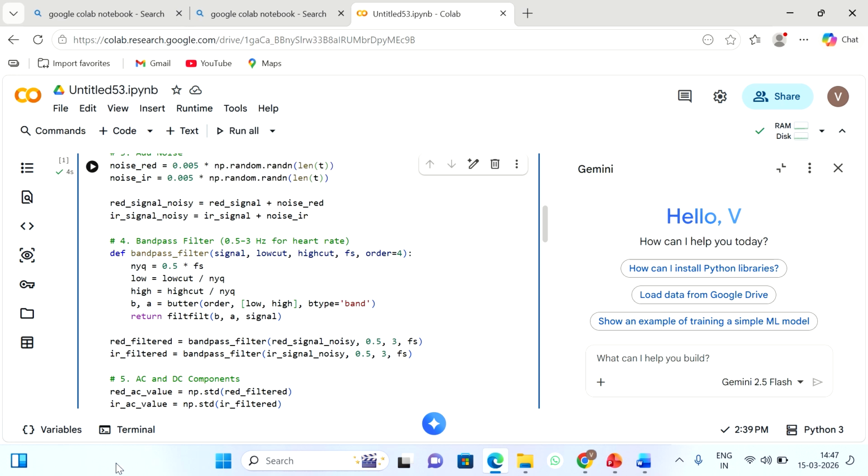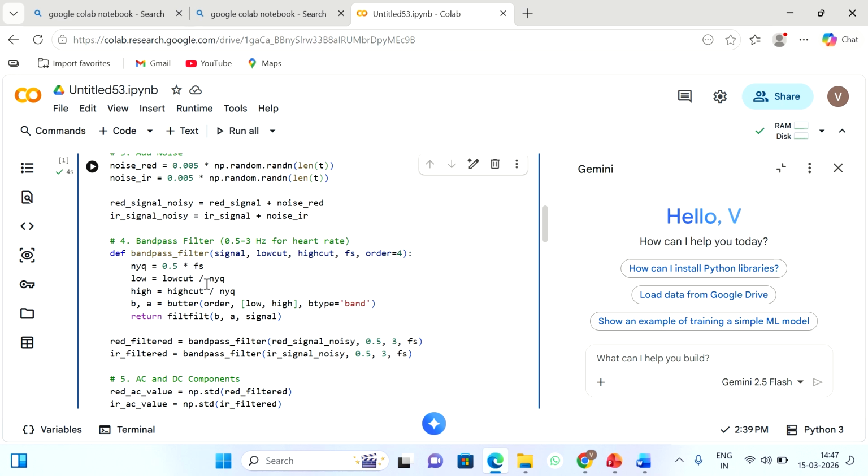That is why we have a lower cutoff frequency and a higher cutoff frequency. Frequency components less than 0.5 will be removed. In the same way, frequency components above 3 hertz will be removed. So those two are the stop band. But frequencies lying between 0.5 to 3 hertz are called the pass band.